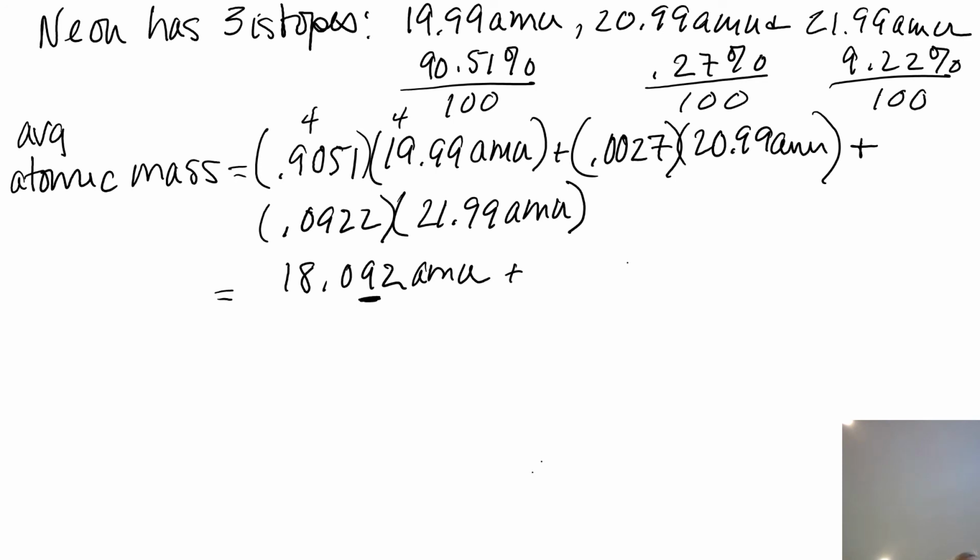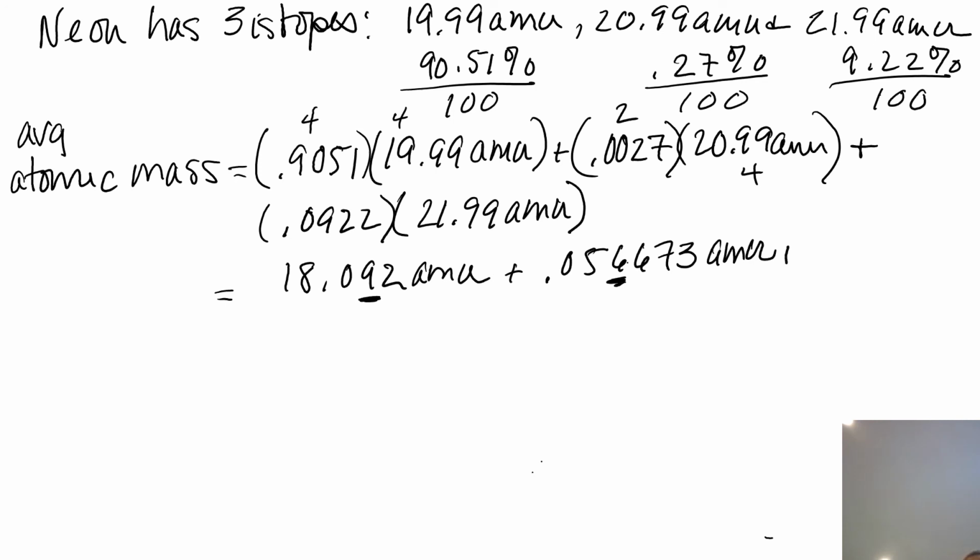So I'm going to go ahead and do the next multiplication. This gives me 0.056673 AMUs. And I have 2 sig figs here and 4 here. So I'm limited to 2 significant figures in this number.